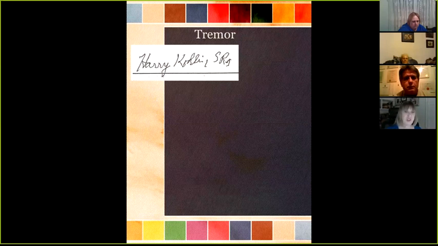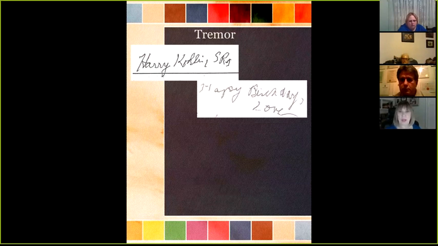And so you get the shakiness along the line here. You see these little tremors. Here's another one. I'm not positive, but I think this person had Parkinson's. And again, you see the tremor. It's a different kind of tremor, but it's still there.